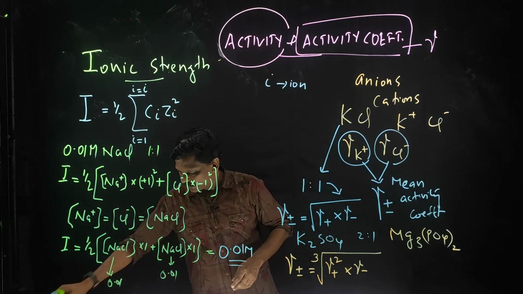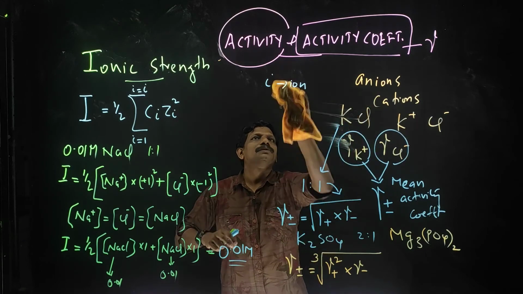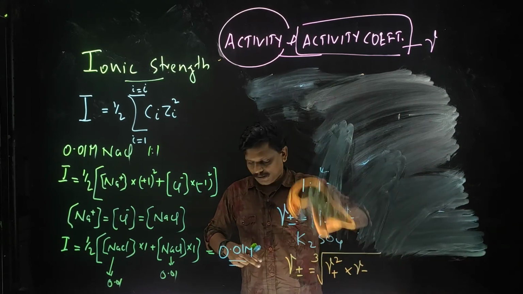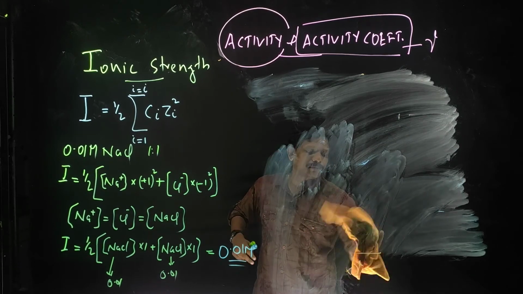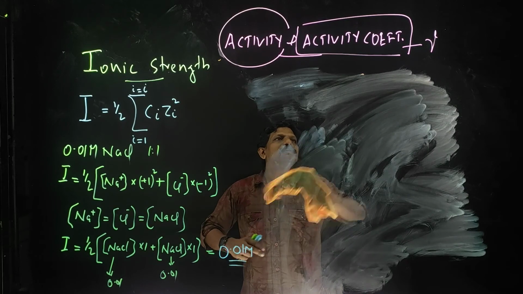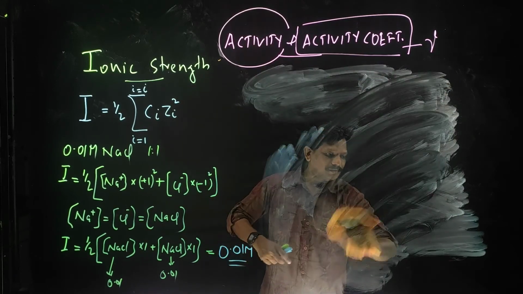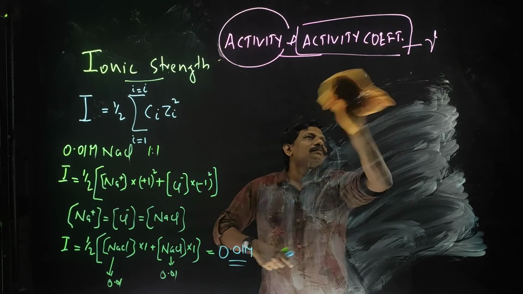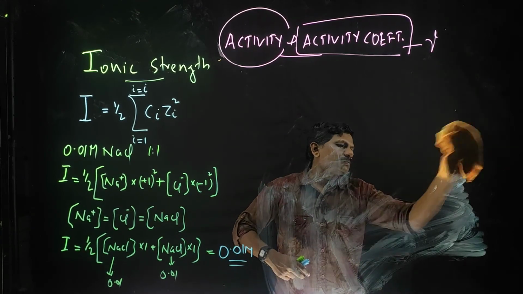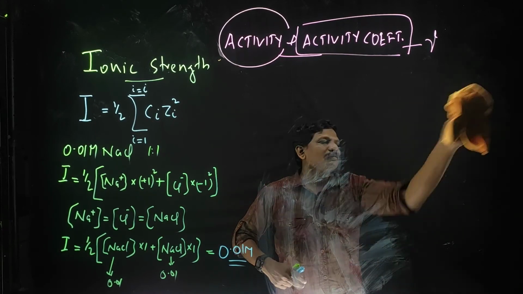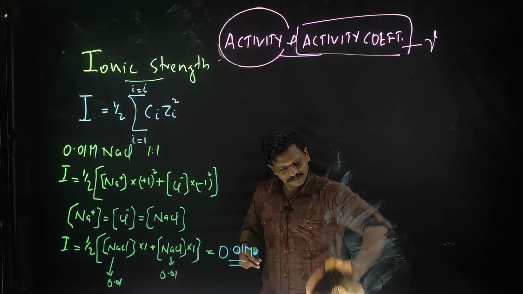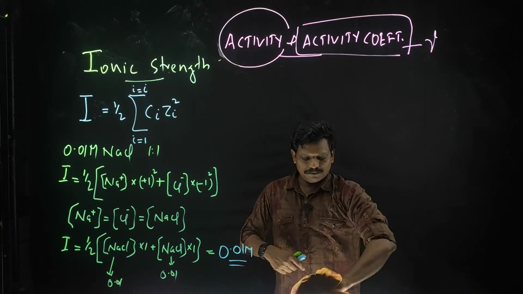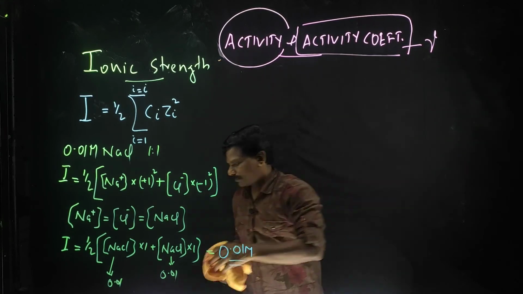I will give you one more example: magnesium chloride. We can find out the ionic strength of a 0.1 molar solution of MgCl2.